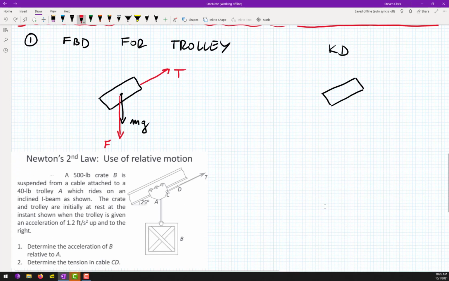Normal force. In which direction? Perfect. I will call it N. Exactly, there should be an N that supports our trolley.